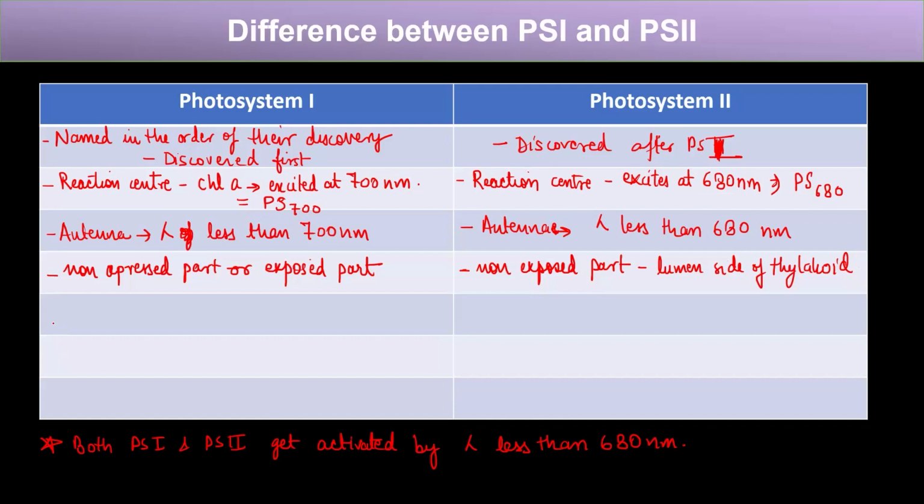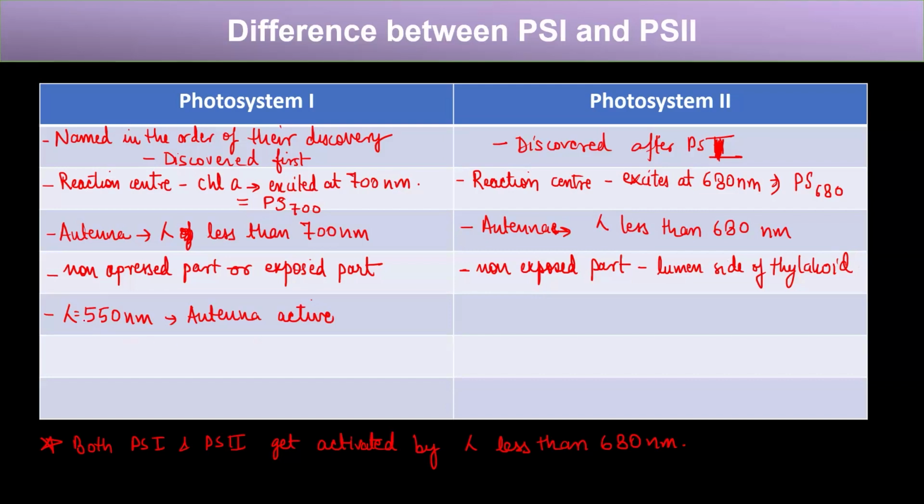Now, suppose you give a condition where lambda is 550 nm. If you give a wavelength of light of 550 nm, then what part of photosystem 1 and what part of photosystem 2 will be activated? So at 550 nm, you have the antenna. The antenna will be activated, right? Because the reaction center is activated at 700 or slightly less than that.